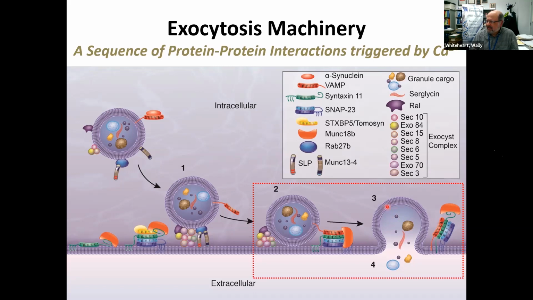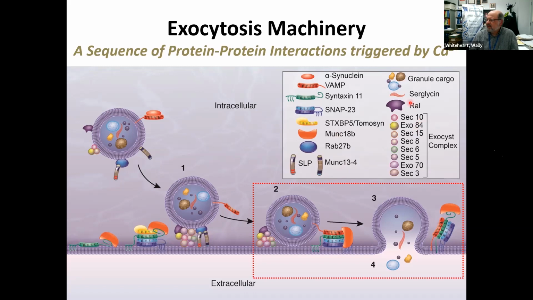And I showed you how sarglycan and this pore dynamics are perhaps contributing to the rate at which cargoes come through. But there's a whole host of molecular protein-protein interactions that are required to get the granule into the right place to engage the snare machinery to mediate the membrane fusion event. And several of these actually offer opportunities for targeting.